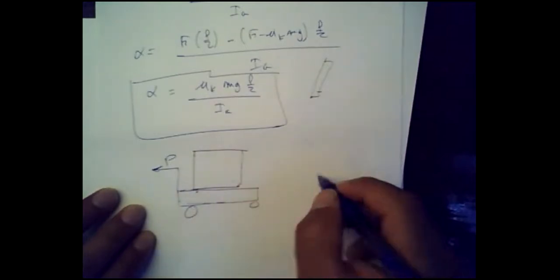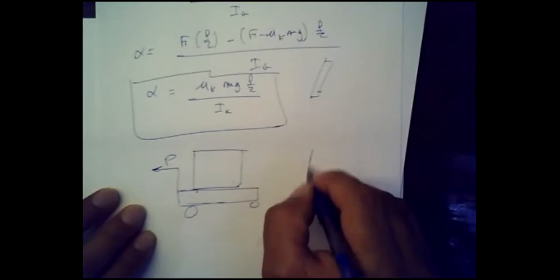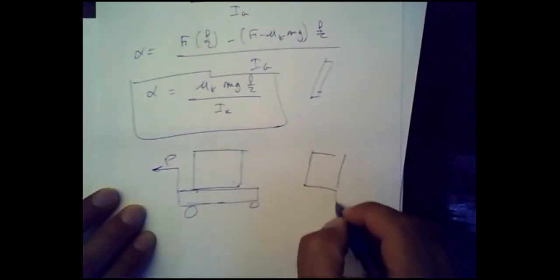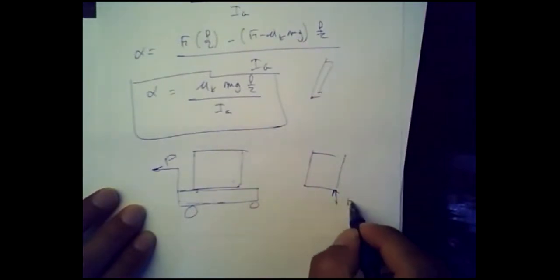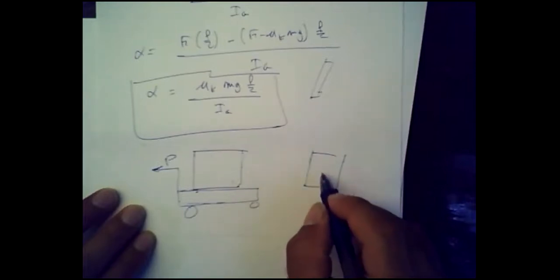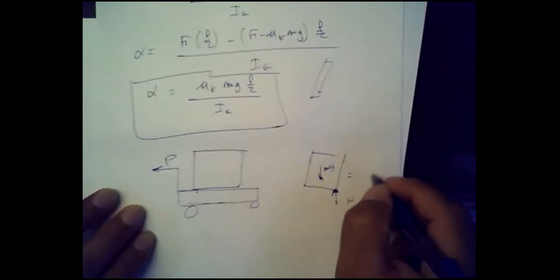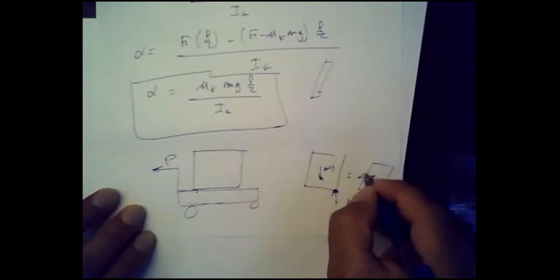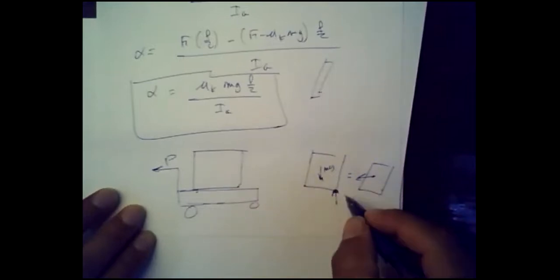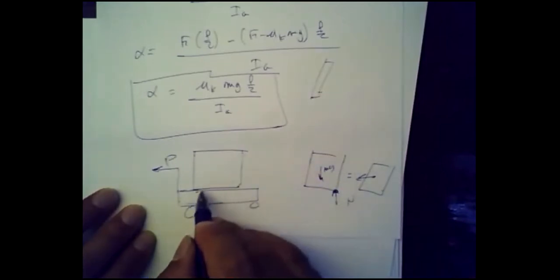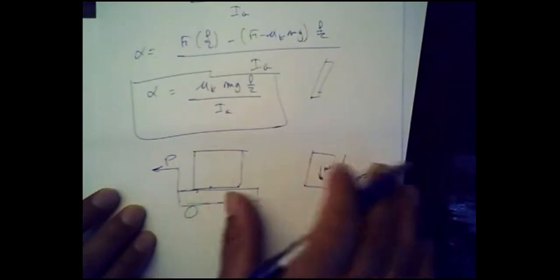If the problem was similar to that, we've already solved it. When this guy is tipping, the normal will move here, and then you sum the moments about that point. You are going to have mg here, and on the right figure, this is your acceleration, right? And we said slipping will occur if the friction is greater than mu s times N. So we've already solved that problem.